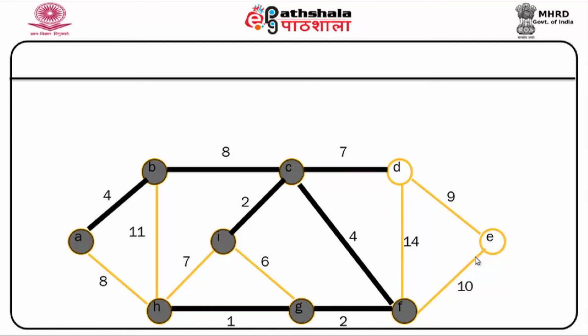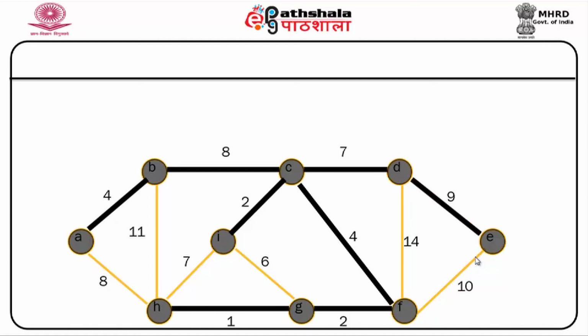You can see that I can't add from H because it may create a cycle. So, that means it is going to be 7, then you can see it is 9.